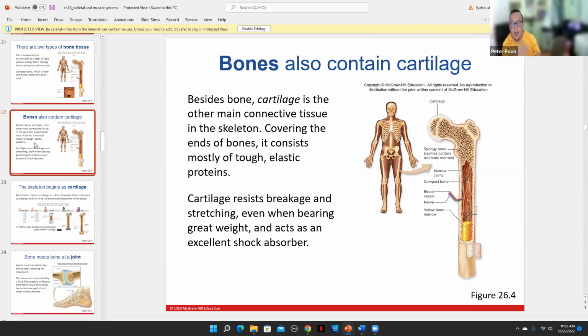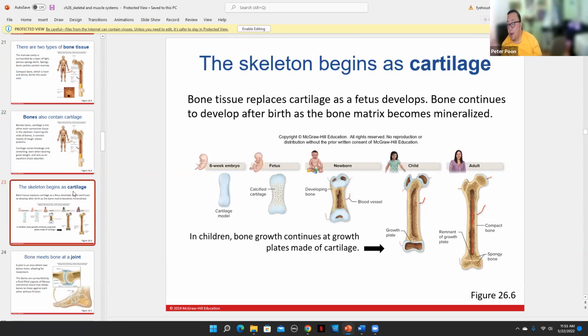It acts as an excellent shock absorber. What cartilage actually looks like is a little mini sponge, and that mini sponge can move. So when you jump, the cartilage in your knees squishes and absorbs the shock.